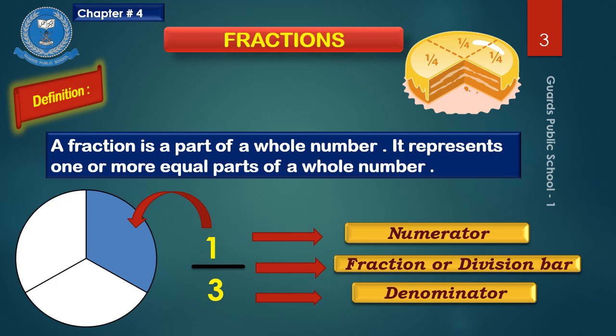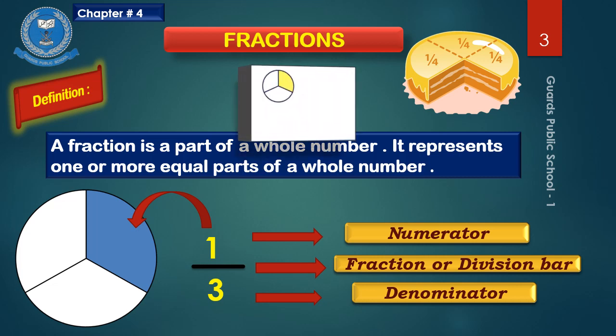Now look at the given video on your screens. In this, total 3 parts are there. One yellow colored part is the numerator, then the fraction bar, then total 3 parts are written in the denominator. In words we call it 1/3.